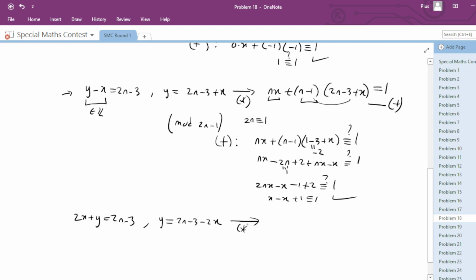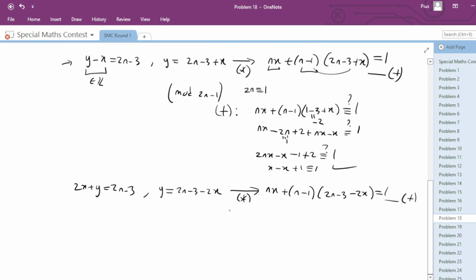So we just follow the same procedure now. We have nx plus (n minus 1)(2n minus 3 minus 2x) is 1. So this is our new star. Then now we need to check the modulus we are working with. So the coefficient of x is the main factor here. So here we have n coming out, and the coefficient of x here will come from multiplying this out.